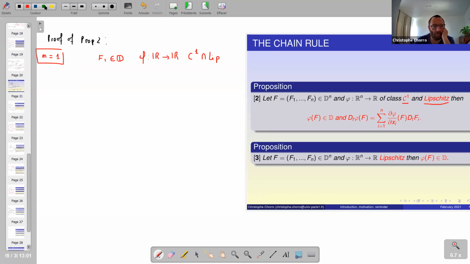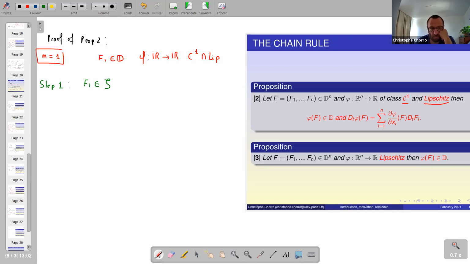So step 1, we are going to do the job for F1 belonging to S, the set of the elementary random variables. And in step 2, we are going to extend this result to the case of the whole D using density arguments.